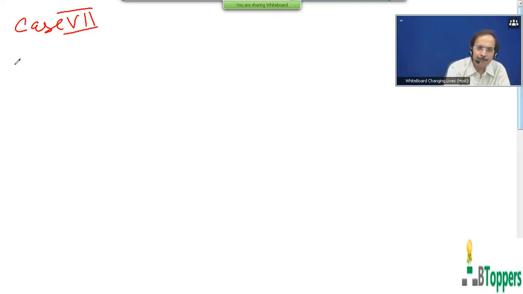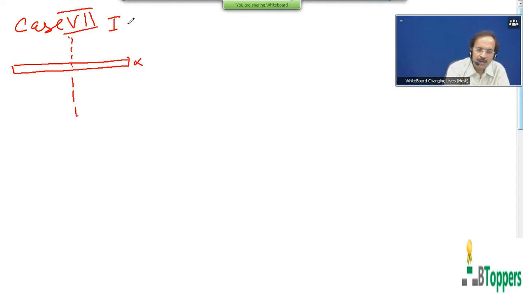Now let us consider a uniform metal rod of original length L and coefficient of linear expansion alpha.